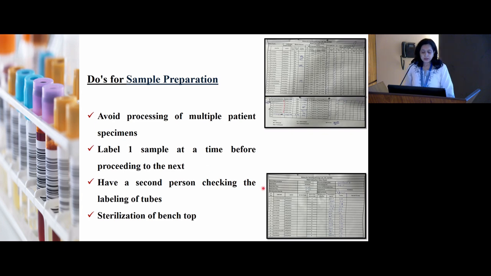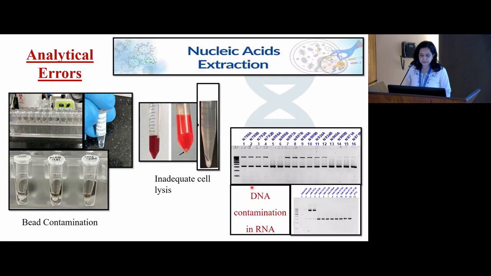We have a system in our laboratory that every day we check all the samples whose processing is going on for lysis, for DNA and RNA. This counter check, a second person checking, is utmost important. And obviously, the sterilization of the bench tops.